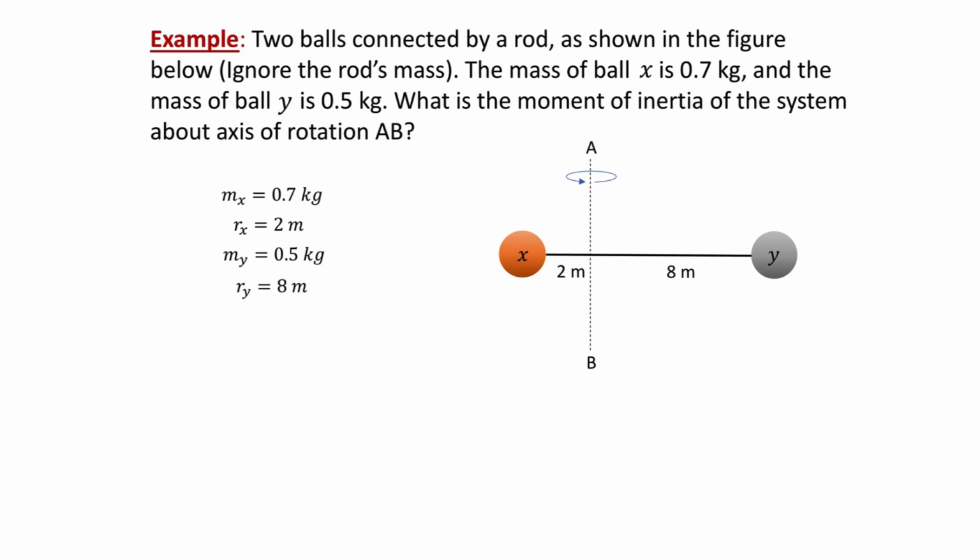To find the moment of inertia for this mechanical system rotating about axis AB, we need to use this equation. We need to add up the contribution of mass x and mass y.